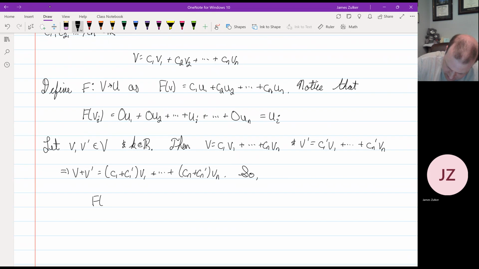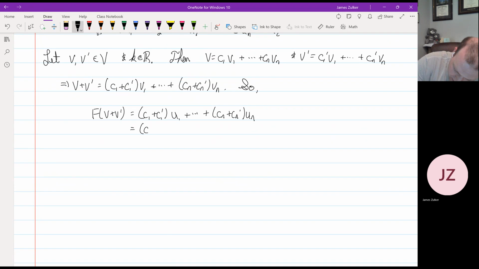So f of V plus V prime is C1 plus C1 prime U1 plus so on, plus Cn plus Cn prime Un, which we're allowed to write as C1 U1 plus so on and so forth plus Cn Un, and then plus C1 prime U1 plus so on and so forth plus Cn prime Un.